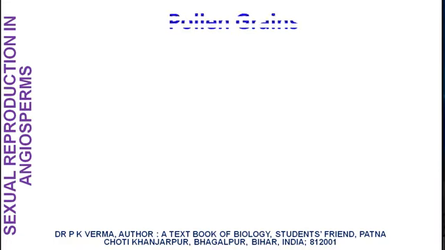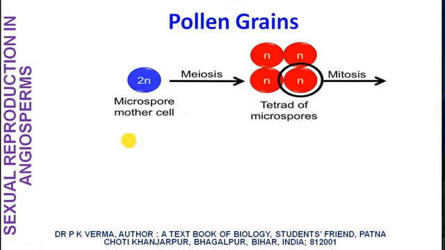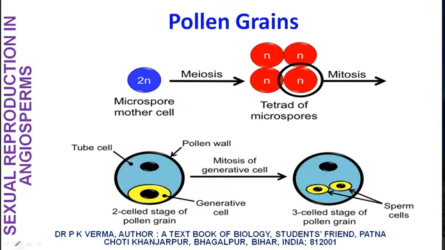So you have studied about the pollen grains. From a microspore mother cell, 4 microspores are formed. The microspore mother cell is diploid, but the microspores are haploid with a single nucleus. However, during maturation, its haploid nucleus divides and forms 2 nuclei.